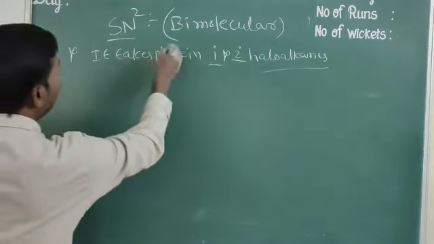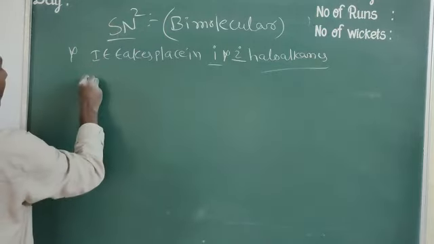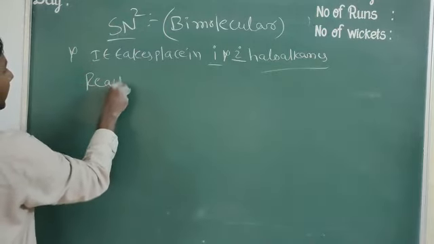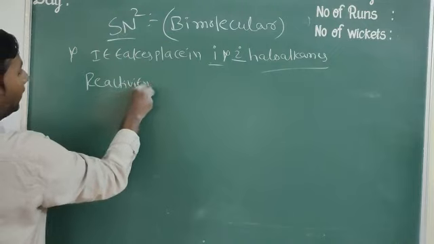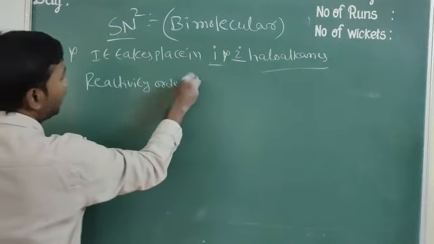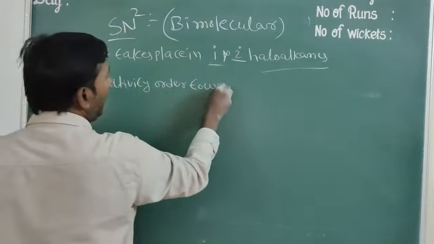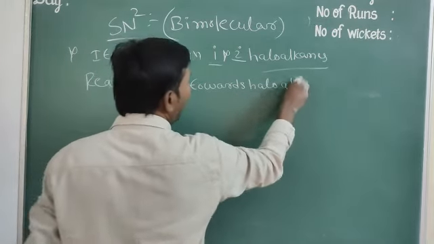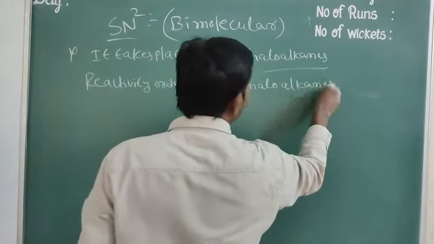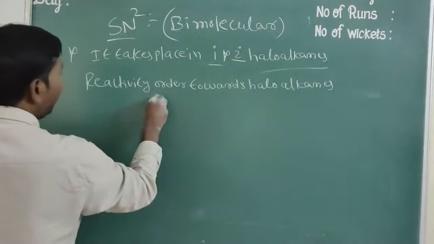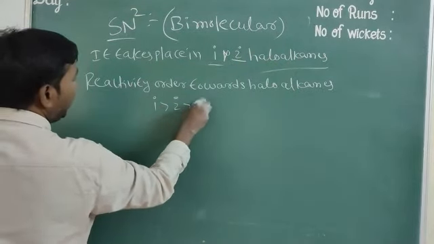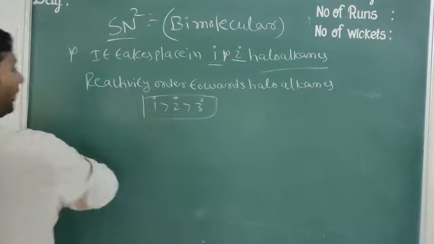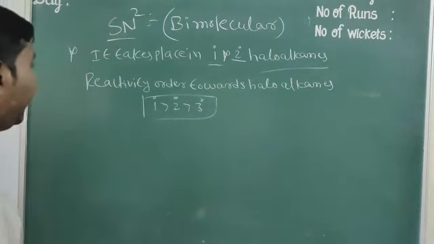So generally, the reactivity order towards haloalkanes is primary, secondary, tertiary.